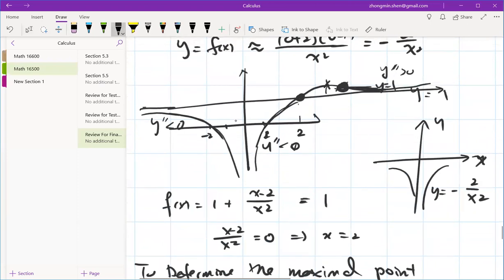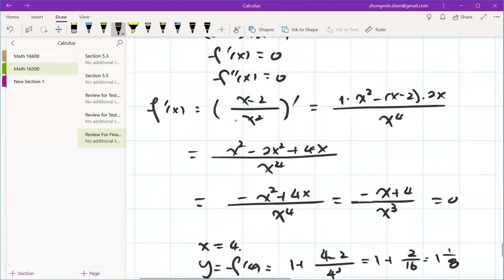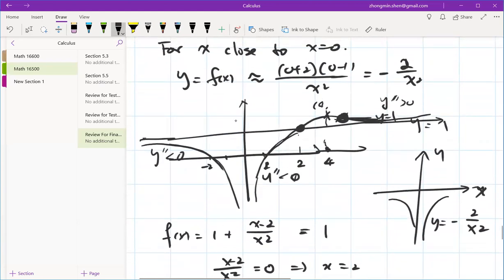So this is the point when x equals 4, okay? 4 and 1 over 8. Okay, so this will be the maximum value. So the inflection point should be on the right-hand side of this.